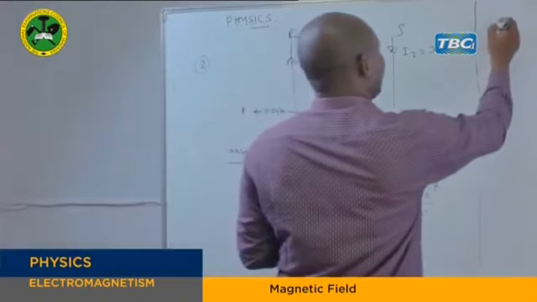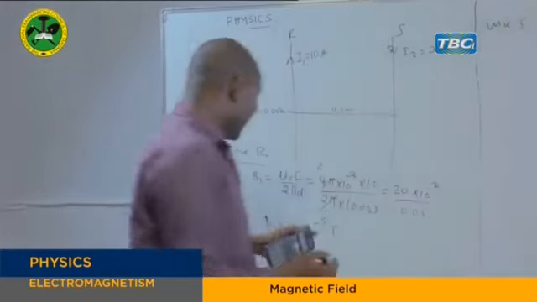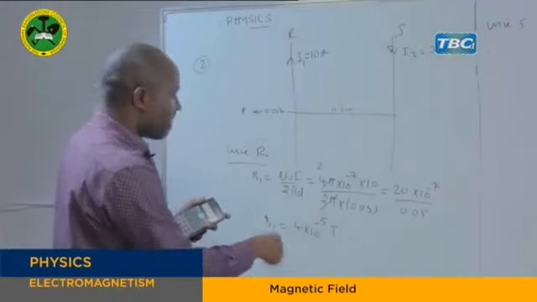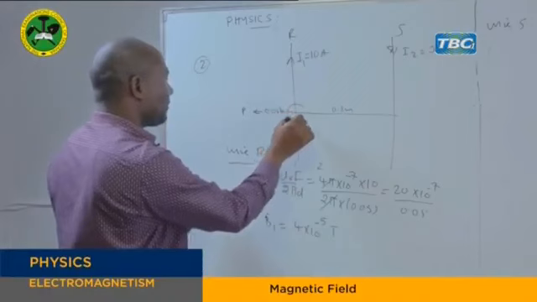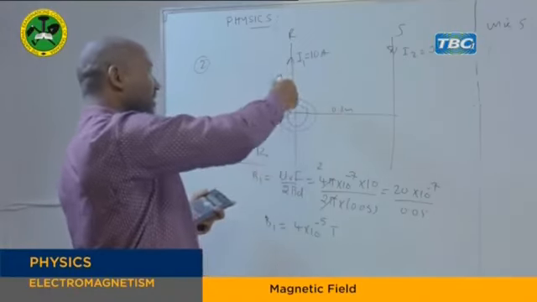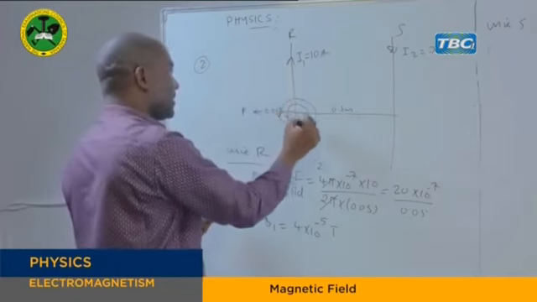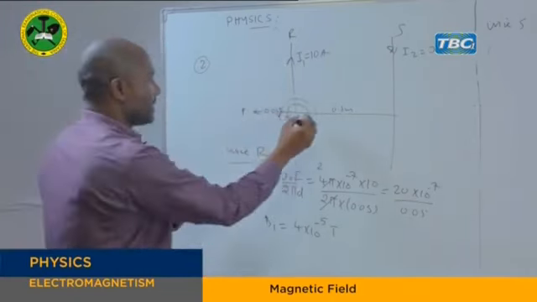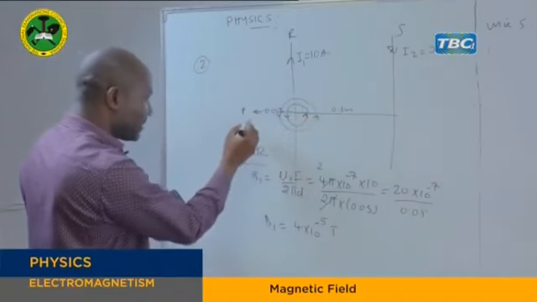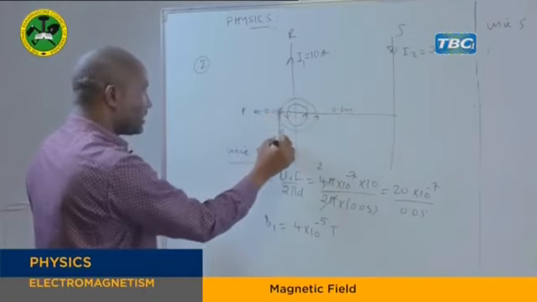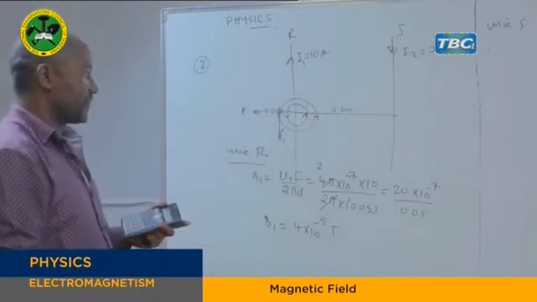Let's find wire S. And we need to know, if you consider the direction of this wire S, if you draw the line of forces here, you can see the way they are moving, this will be like that. The line of forces here. So the line of forces will be like that. So at this point, if you bring one of the lines of forces, that B1 will be acting down.